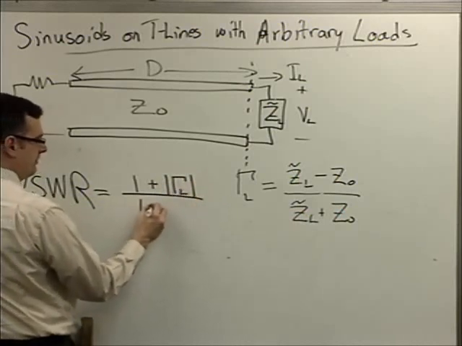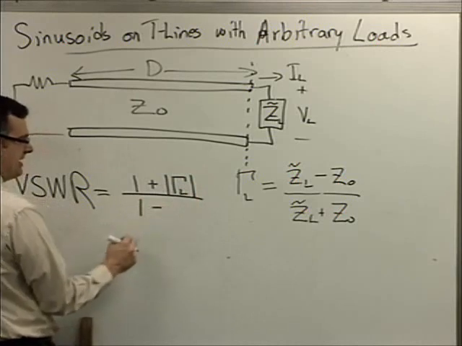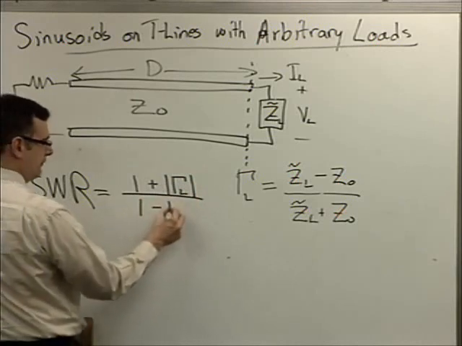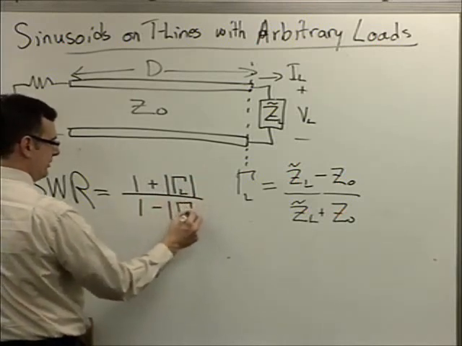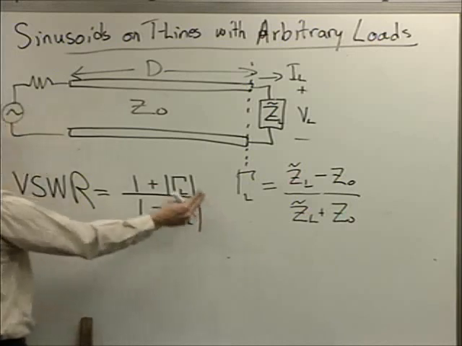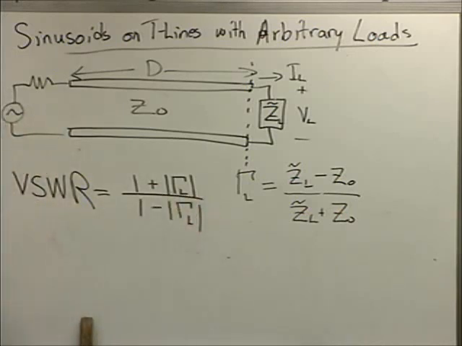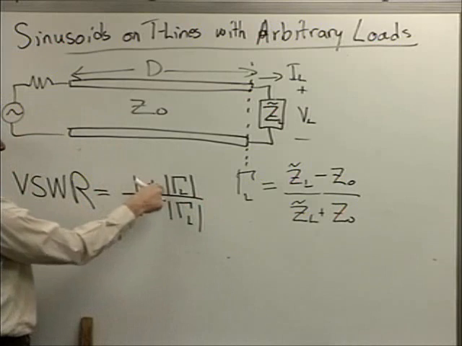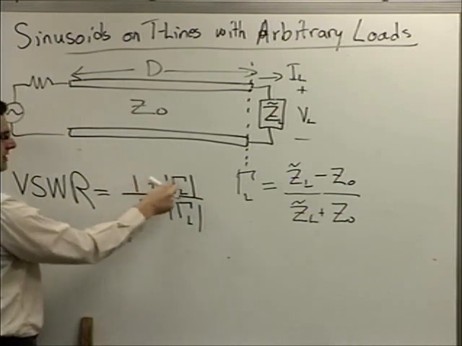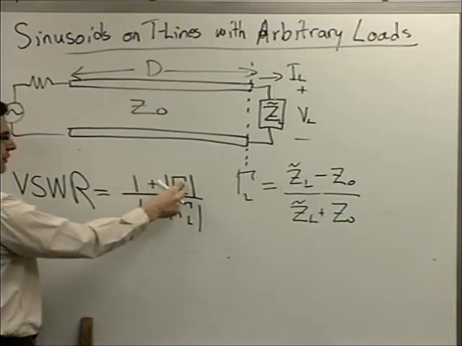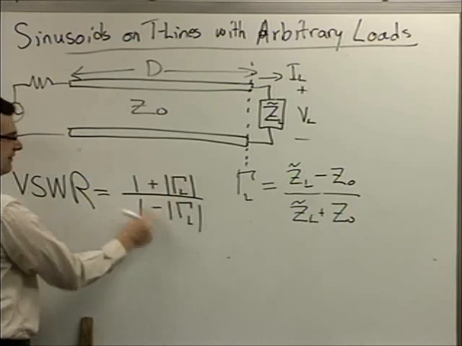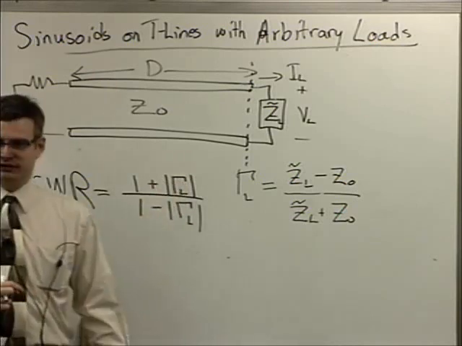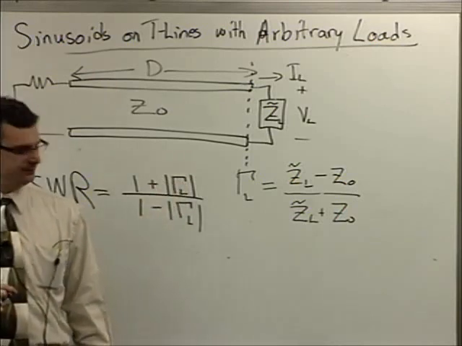It's when my forward and my reflected wave are out of phase and destructively interfere. That ratio you can show is proportional to this value right here. VSWR is 1 plus the magnitude of the reflection coefficient divided by 1 minus the reflection coefficient magnitude.